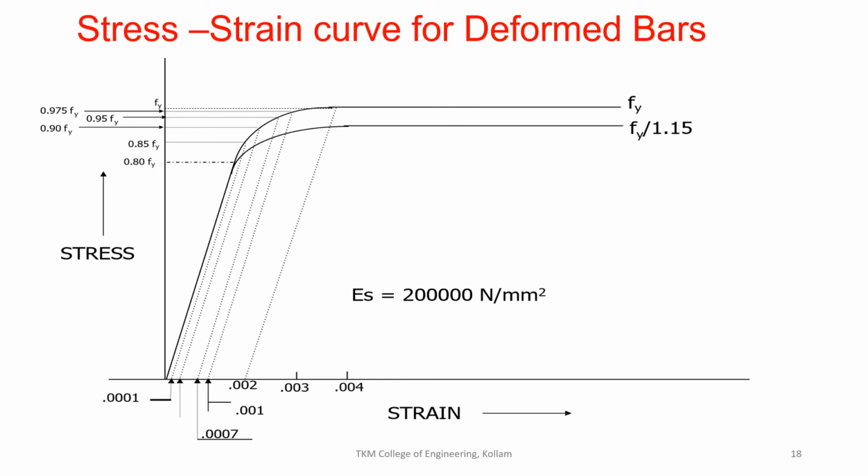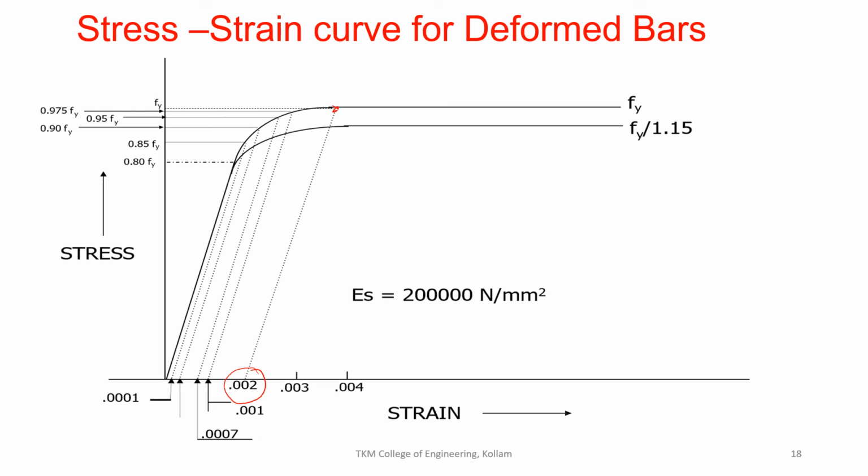Similarly, you will have this stress strain curve for your deformed bars, that is your HYSD bars. Since this does not have a particular yield point, what we do is draw a line parallel to the initial tangent modulus at a strain of 0.002, and it will touch the curve at a point, and that is your proof stress, and the value of that proof stress is your yield strength or characteristic strength of the material for HYSD bars.